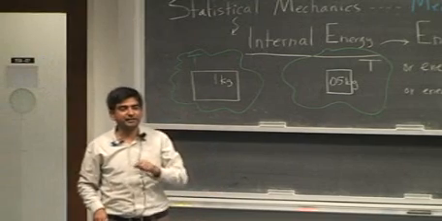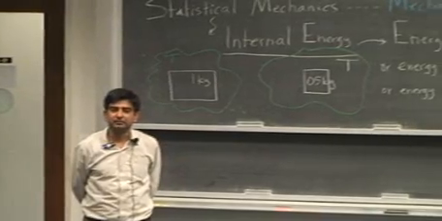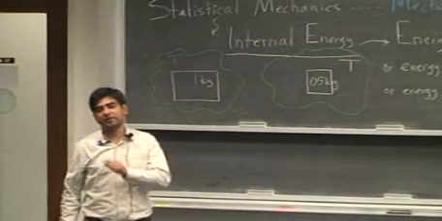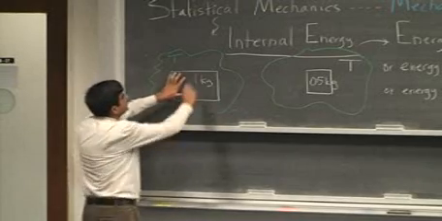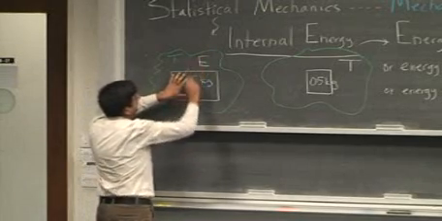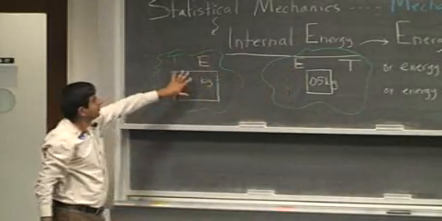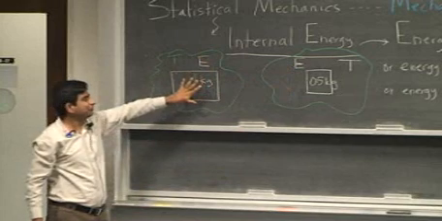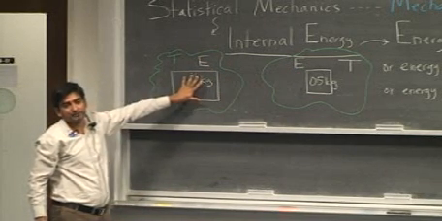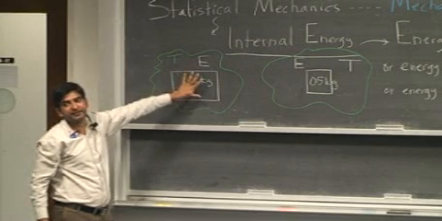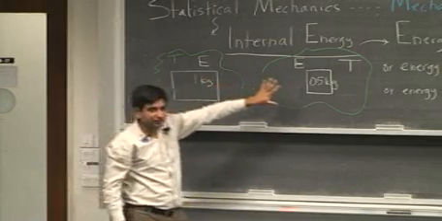The next question is, are the entropies different or are they the same? Now the entropies are going to be different, right? Because this much energy E is now being spread out into twice as many atoms, twice as many oscillators inside this solid than this solid.